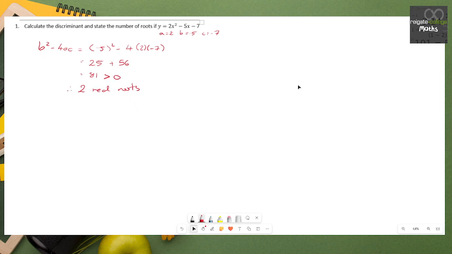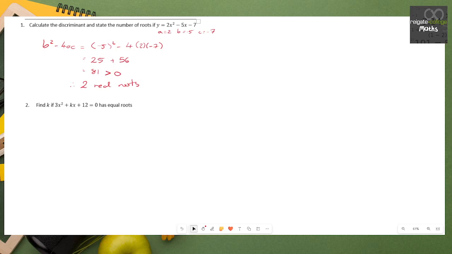The next example we're going to look at is a little bit more aligned with what you might have to do in the exam. So this example 2 is a little bit more of a typical exam style question. It can be done in a bunch of different ways, but it's all broadly the same thing. First thing you need to look at is we're told the number of roots.